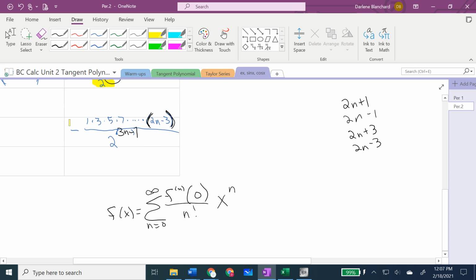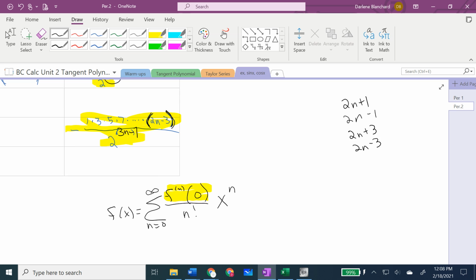And you are taking all of this and substituting it in right here. And it may look awful, but it's a formula. However, the formula may not work for the very beginning n values, and that's something to consider.